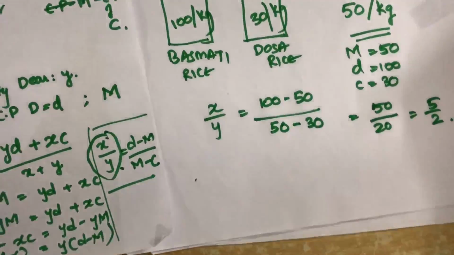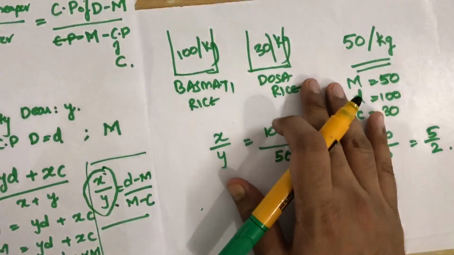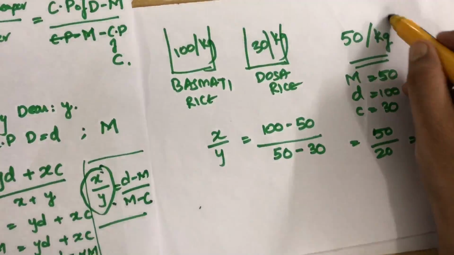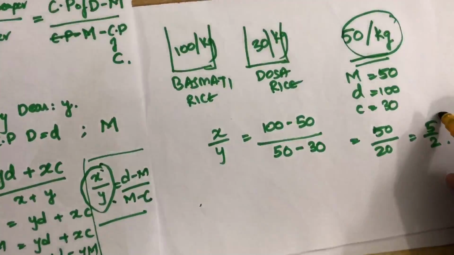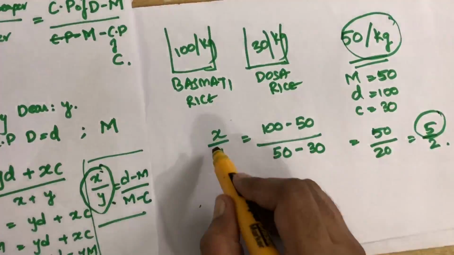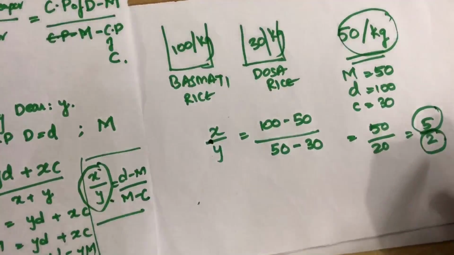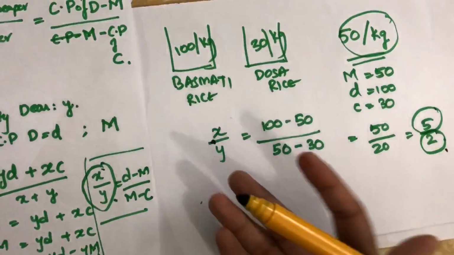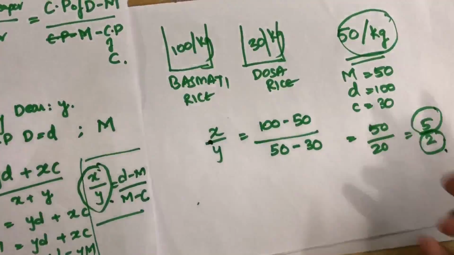So there you go. So if this shopkeeper has to sell this mixture of rice at 50 per kg, he has to mix 5 kgs of dosa rice and 2 kgs of basmati rice, or 5 bags of dosa and 2 bags of basmati.